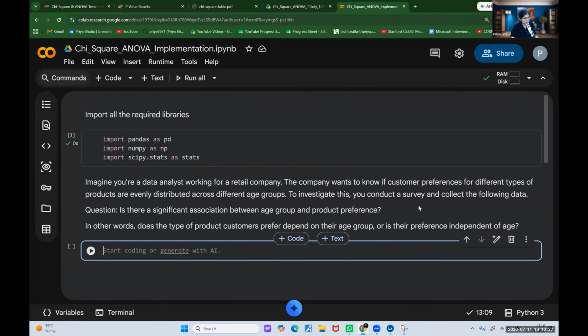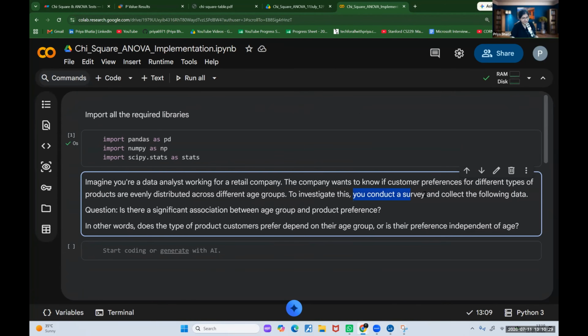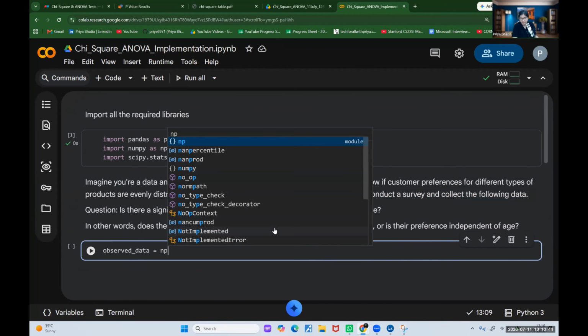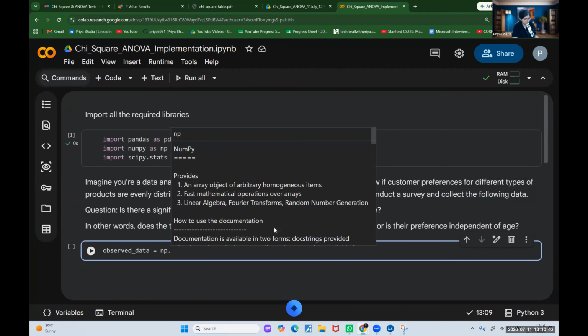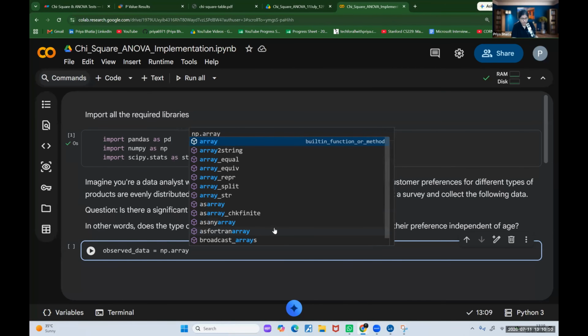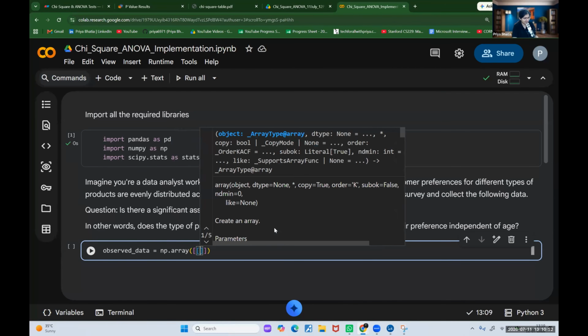So you conduct a survey and collect the following data. The data is something which we now have to copy into our code. You can call this the observed data, and you can store it in the form of a NumPy array. I think that's a very good data structure to store this kind of numeric values in a table form, so we can have a two-dimensional array.